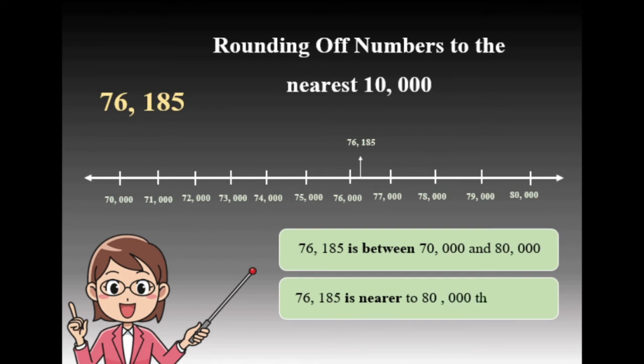It's nearer to 80,000. So, the nearest 10,000 of 76,185 is 80,000. You can watch it again if you have not followed, alright?